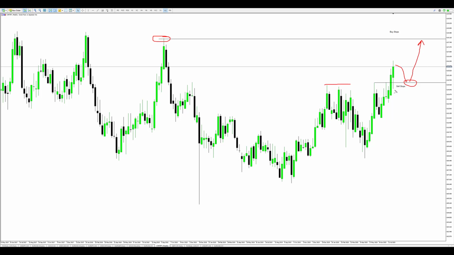So this low, you don't expect price to come retest that low again. If it does come, it means this structure is violated and no longer valid, and you could see further price pushing to the downside. So if price does trade lower, expect the sell stops to be cleared.